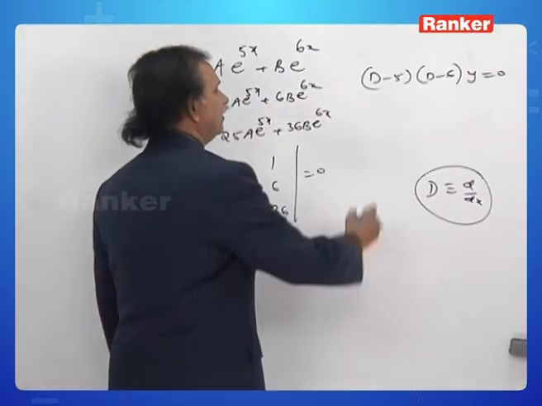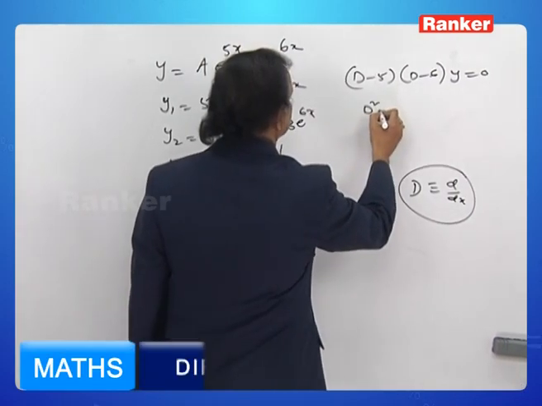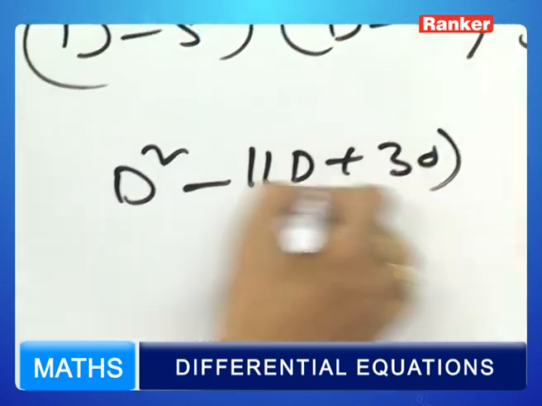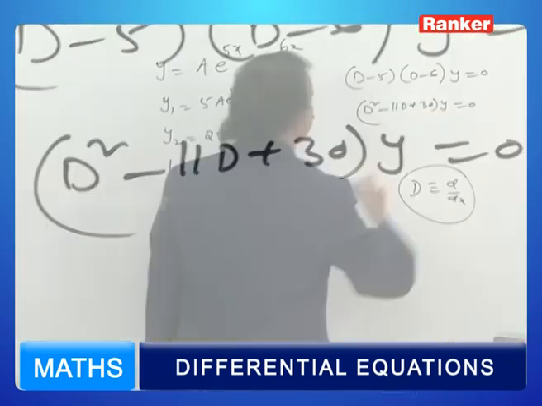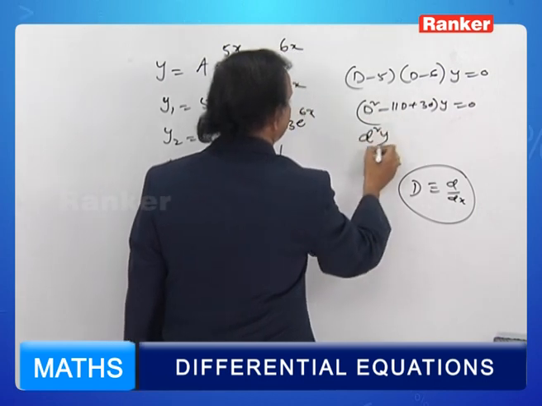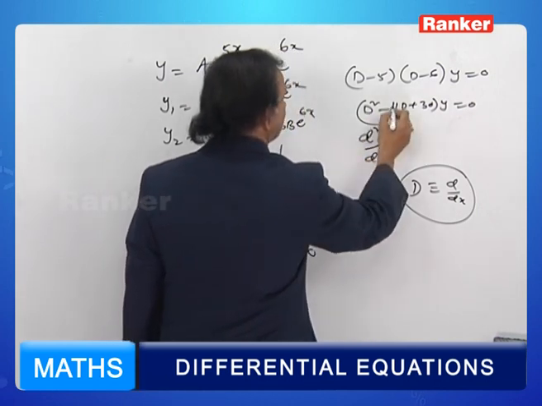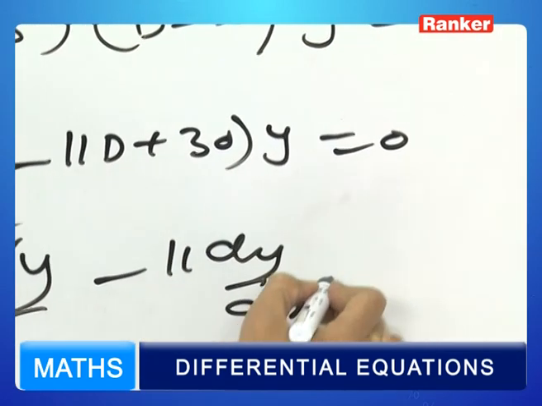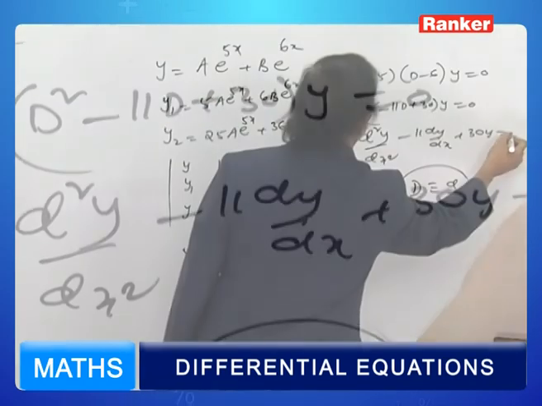What is D minus 5 into D minus 6? D square minus 11D plus 30 of y is equal to 0. That is, D square of y means d square y by dx square, minus 11 into D of y, minus 11 dy by dx, plus 30y is equal to 0.